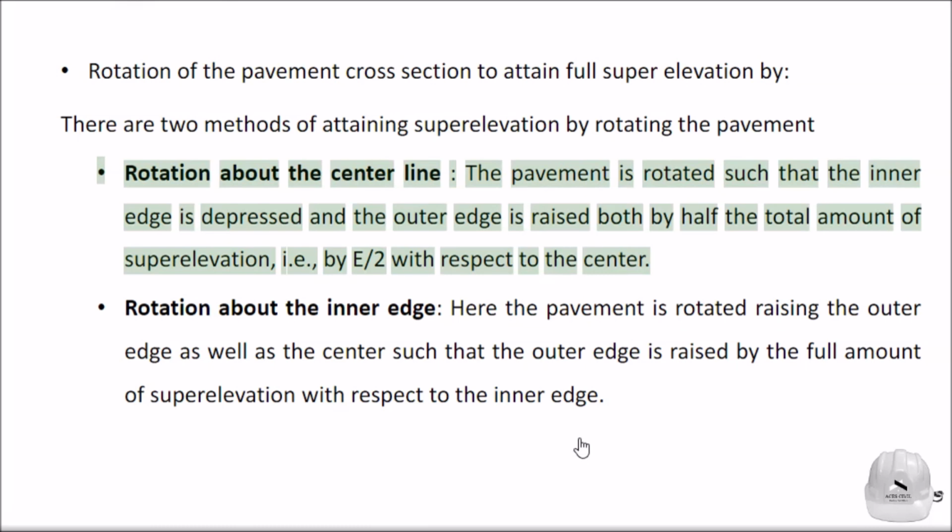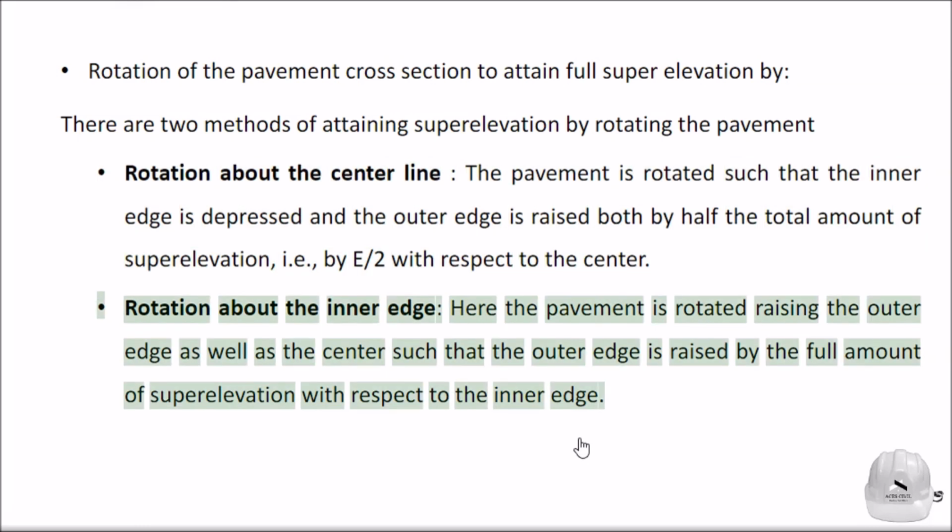The pavement is rotated such that the inner edge is depressed and the outer edge is raised both by half the total amount of superelevation, i.e. by E/2 with respect to the center. Rotation about the inner edge. Here the pavement is rotated raising the outer edge as well as the center such that the outer edge is raised by the full amount of superelevation with respect to the inner edge.